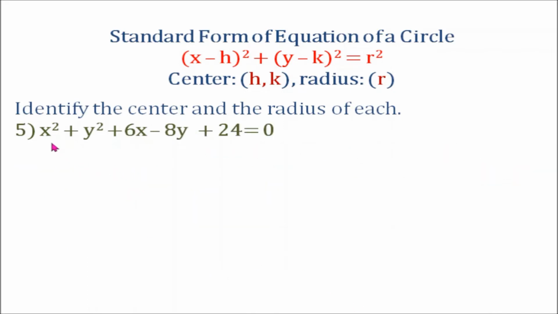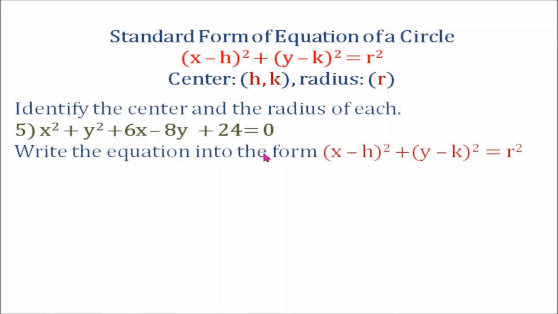Example number 5, our equation is x squared plus y squared plus 6x minus 8y plus 24 equals 0. So to find the radius and the center, we are going to write it in standard form. To do that, we are going to group together all terms with same variables.